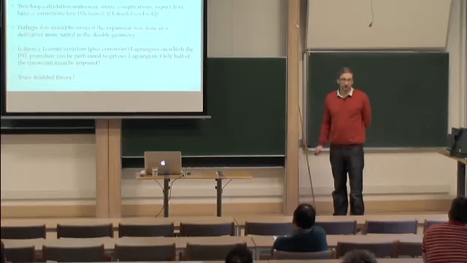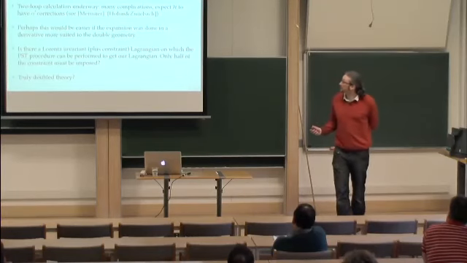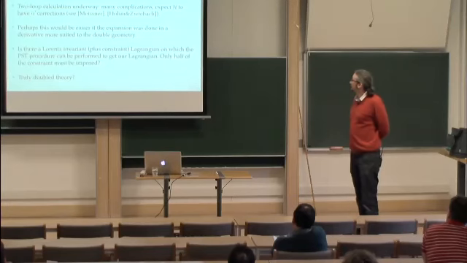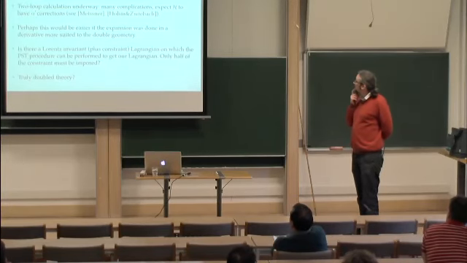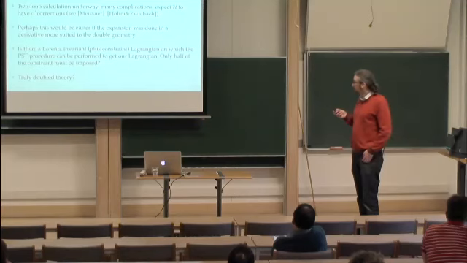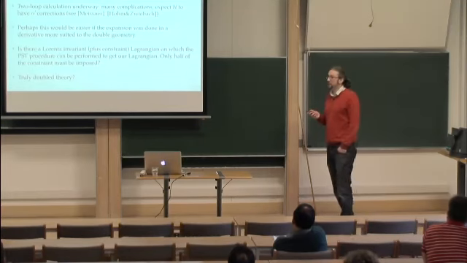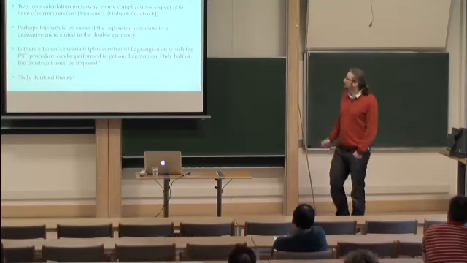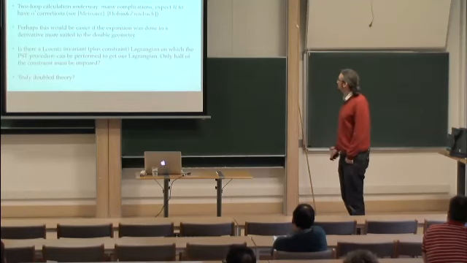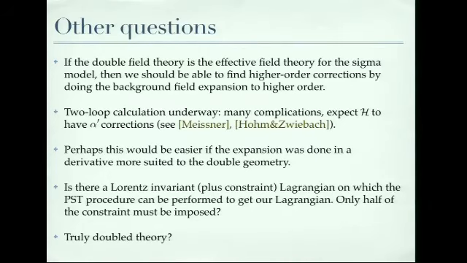So I know Hohm and Zwiebach have been looking recently at possible higher corrections, and the picture is not clear. You know, what a Riemann tensor squared term should look like for the double field theory. It seems there isn't one.